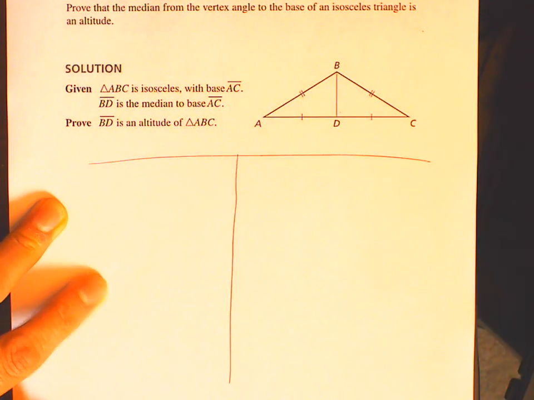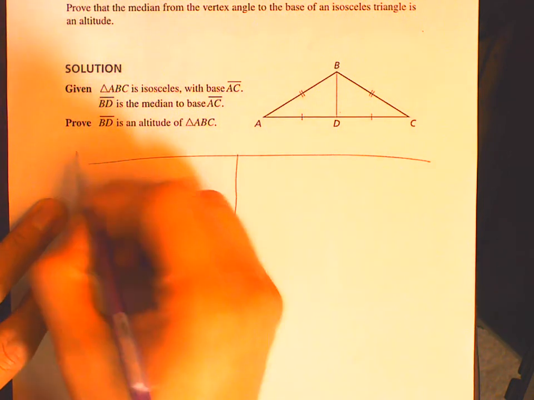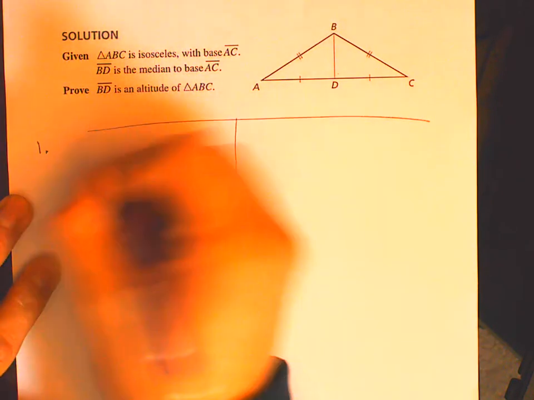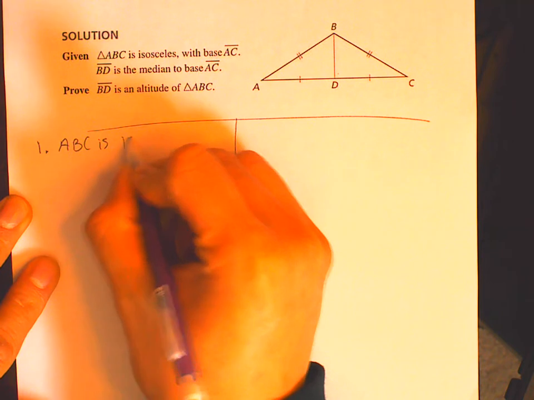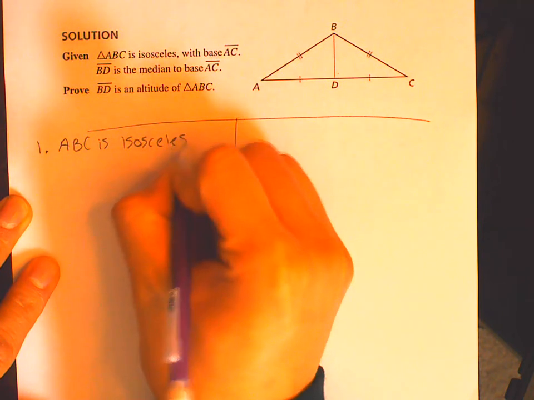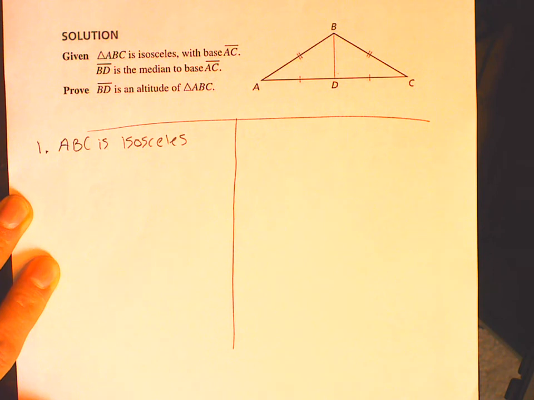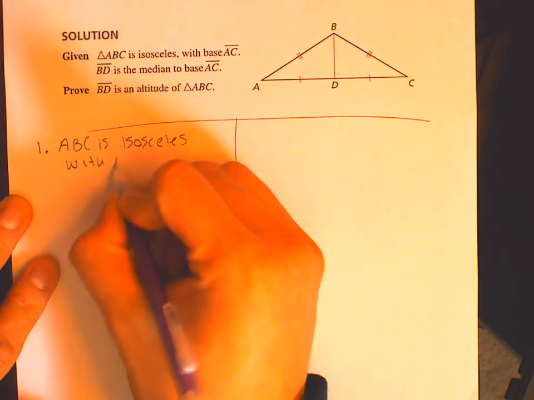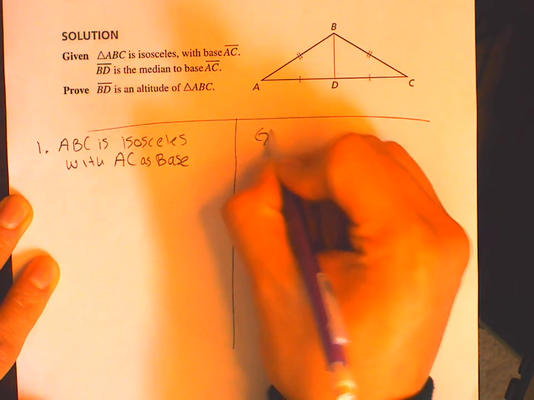The first thing is that this is an isosceles triangle, so I'm going to write up all this stuff right here. First step: ABC is isosceles with the base of AC. That's given.